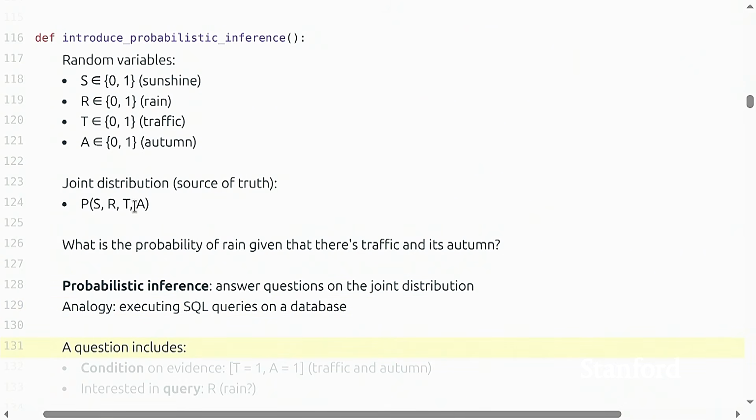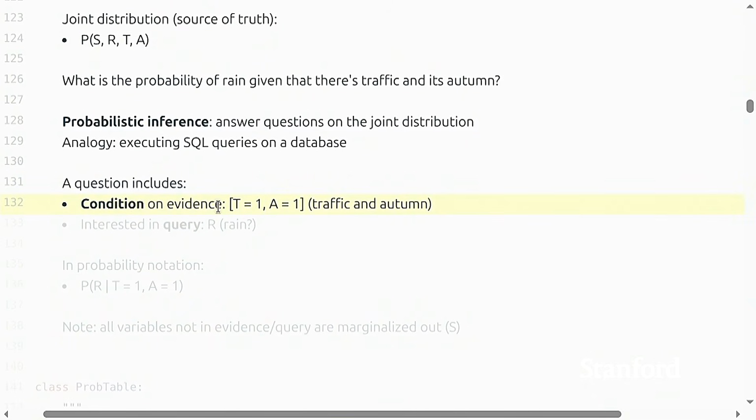Okay, so what is the type of question we can answer? They're all going to look like this. They're always going to have some evidence that we're conditioning on, and the evidence selects a subset of the variables, such as T and A, and basically assigns them to particular values. So in this case, it's traffic and autumn. And given the evidence, we're interested in a query, rain, for example.